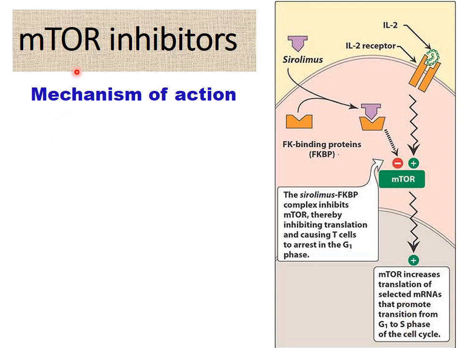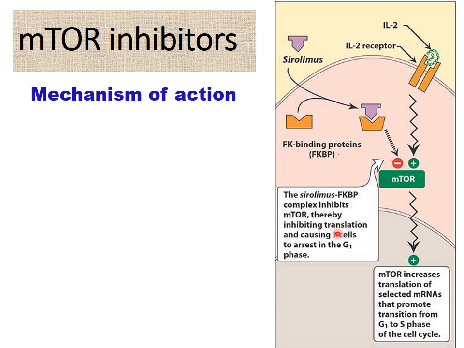Now the mTOR inhibitors like sirolimus and everolimus, unlike tacrolimus, bind with the FKBP proteins, but they do not inhibit calcineurin. After binding of sirolimus or everolimus with FK binding protein, this drug-FKBP complex inhibits mTOR, and by inhibiting mTOR, there is no increase in transcription of mRNA that promotes cell cycle progression from G1 to S phase.